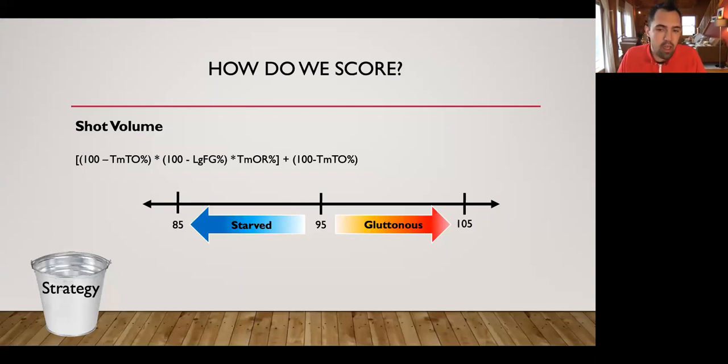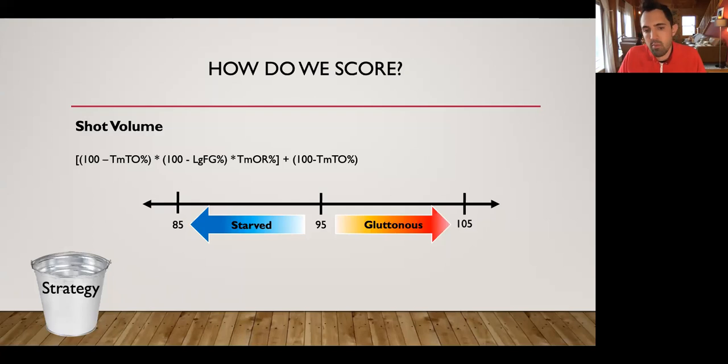If you look at that formula, it's looking at your team turnover rate, average field goal percentage, which helps you figure out how many offensive rebound opportunities you'll have. Then you multiply in your team's offensive rebounding rate, and add that back to the first number of non-turnover possessions. It's not exact, but that's a good estimate of how many shots your team generates per 100 possessions.